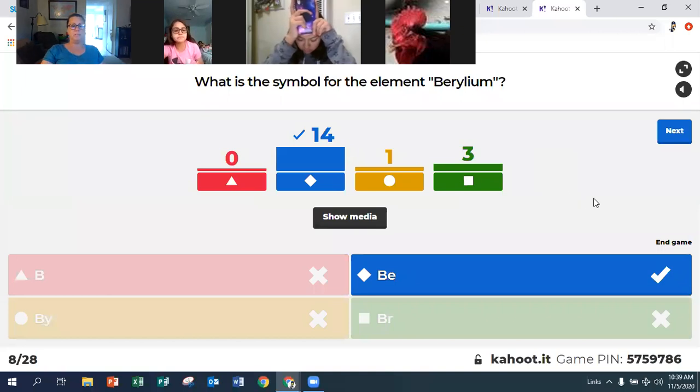Good. Beryllium is Be. B is for boron. There is no element By. Bi is bismuth, but Br is bromine.